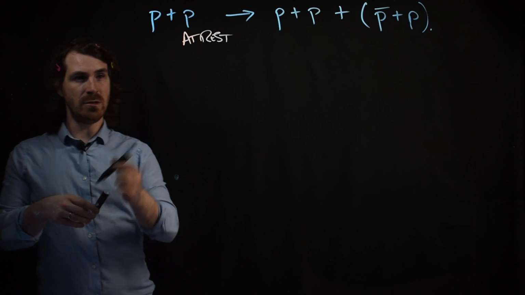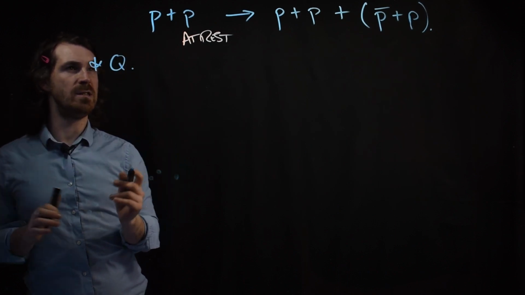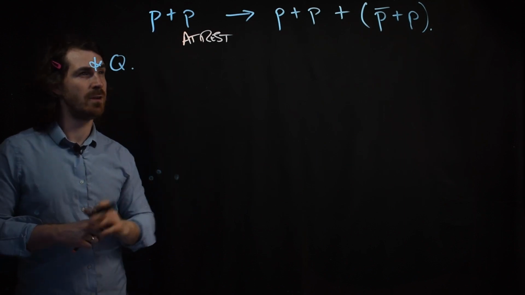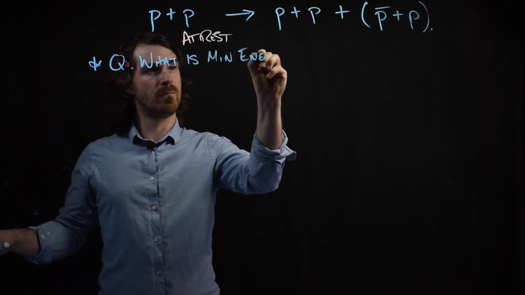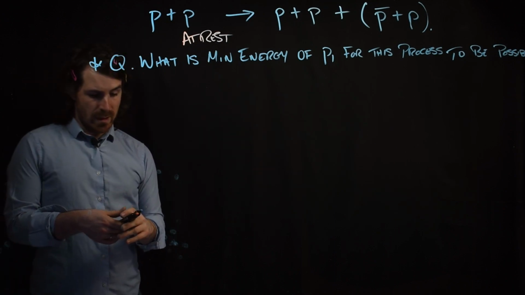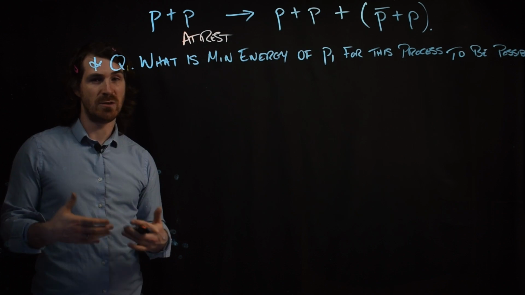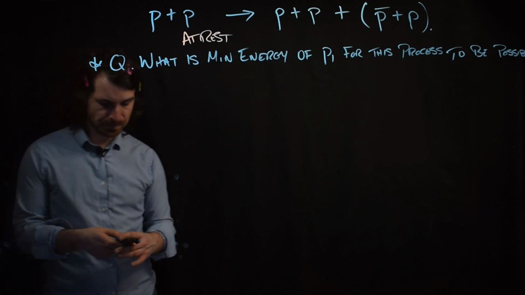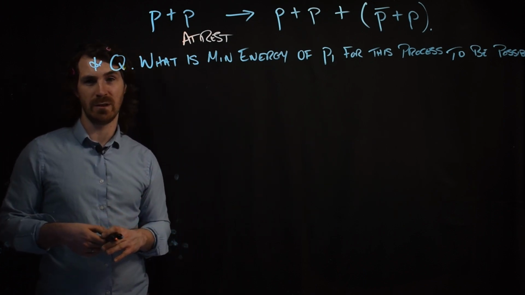So here's the question. What is the minimum energy that the first proton needs to have in order for this process to be possible? Now this is special relativity, so we're free to change frames and to choose a frame that's most convenient to us. And we want to exploit the fact that four-momentum is conserved.